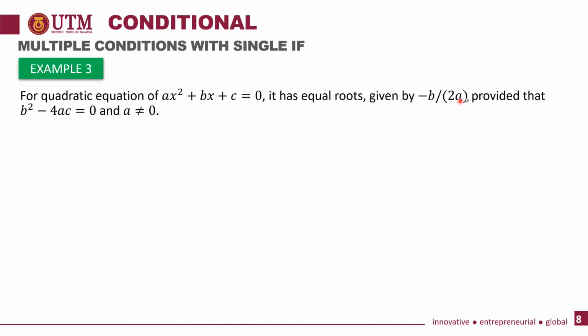So in order for you to get the root, you need to use the equation negative b over 2a, provided that b squared minus 4ac is equal to 0. So this is the first condition that you have, and also a must not equal 0. So this is the second condition that you need in order to have equal roots.